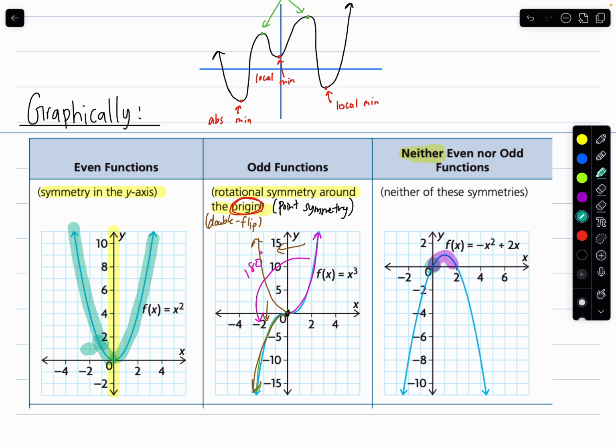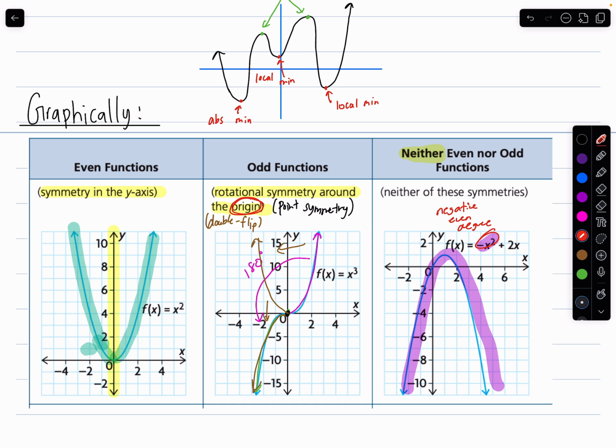So it's not a point symmetry, it's not a double flip, and it's not a rotational symmetry. So in this case, we have a polynomial function. It's a negative even degree function, right? Because of the negative even degree.